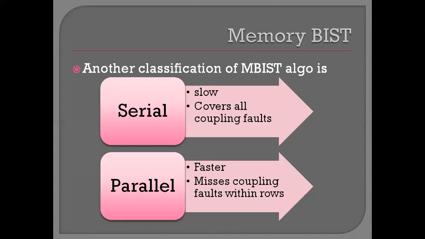Obviously, when I talk about parallel, it means if I have a 32-bit word, the whole 32 bits would be tested at a time. So the algorithm would be applied. If I write 0, it means it is going to write 0 to all the bits of the word. And serial means one bit at a time, single bit memory model that is there.